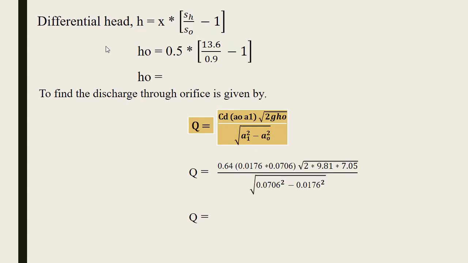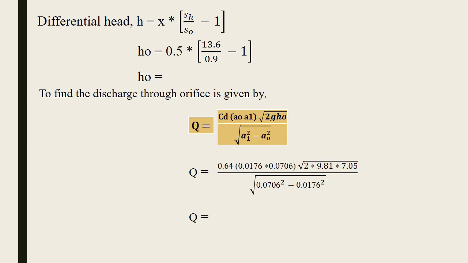For that reason I need this formula. The differential head formula is H is equal to X into (SH by SO minus 1). This we know from the problem solving of the Venturi meter. What is SH?